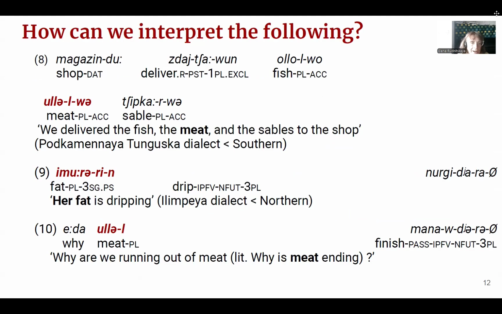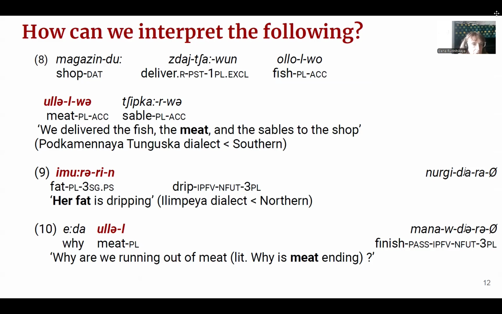And we are left with some examples which cannot be reduced to the listed cases. So in 8, ul, or meat, with the plural marker doesn't denote that there is very much meat. It is the abundance interpretation.